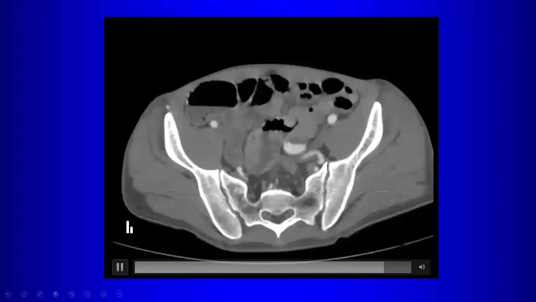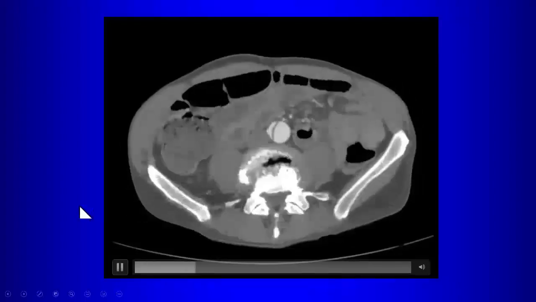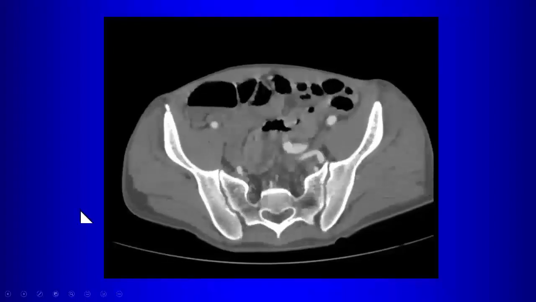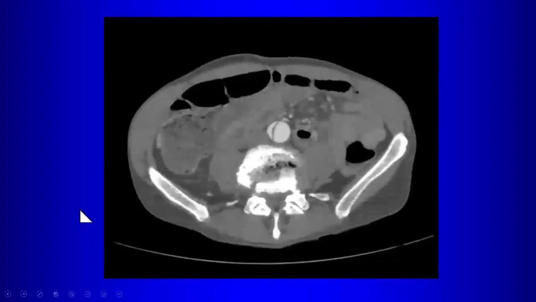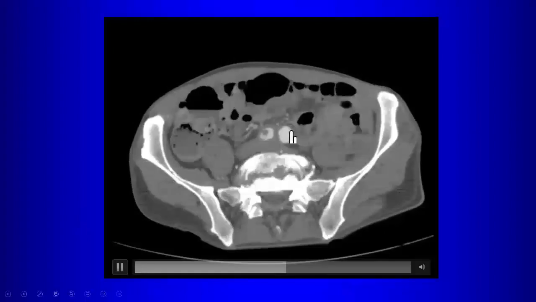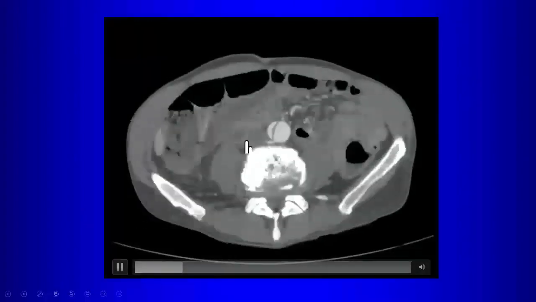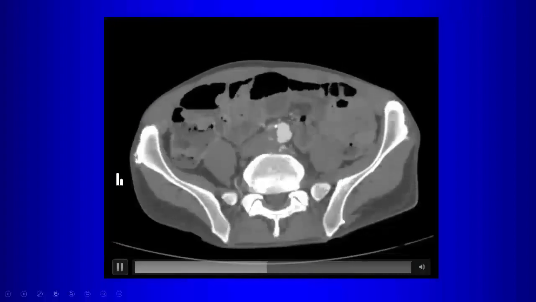So that's the common iliac. So the dissection flap is doing what? Not just extending, but it's actually obstructing, right? So you see how the dissection flap here is coming down and actually obstructing the right common iliac artery, okay?